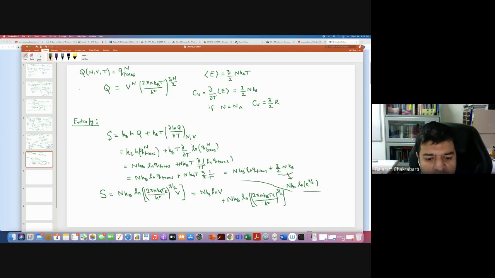Just because it is ln xy, so I write ln x plus ln y, because n kb is common. I don't know whether you're following. And this part, the ln thing, I am calling it sigma. If I call it sigma, then your S is given by n kb ln v plus n kb sigma. Fine. This is one way of writing the thing.